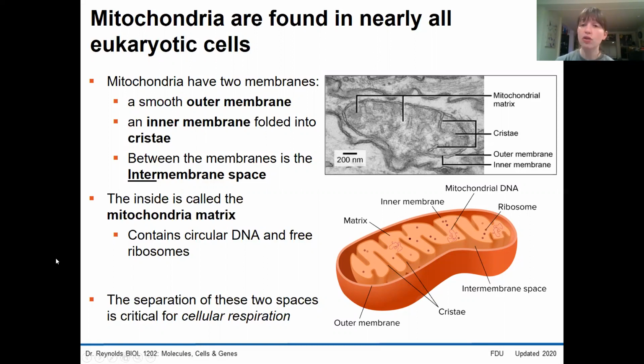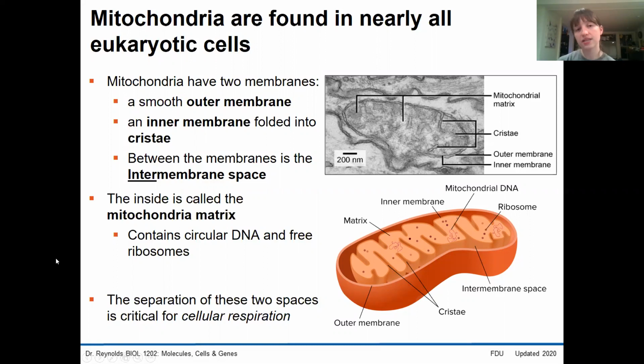They have an outer membrane, a smooth outer membrane, and then an inner membrane, which folds into structures known as cristae. These cristae are important because these are what's going to create the large surface area that gives this endosymbiotic organelle the ability to do large amounts of cellular respiration.